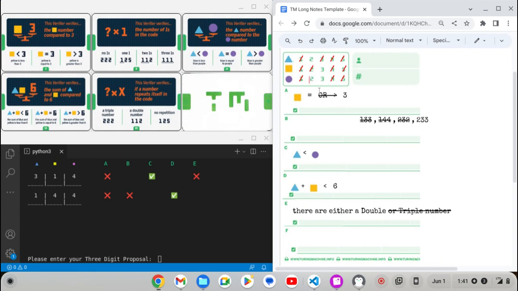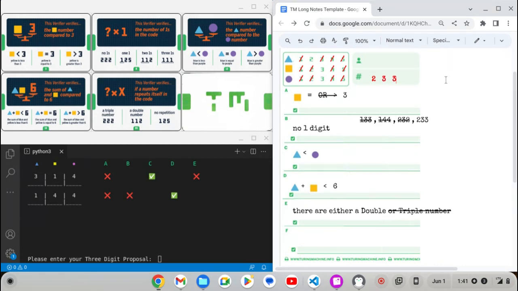So circle is not 2. Okay, so it looks like our solution is 233. Let me just write a quick note here: no 1 digit. And so, yep, our solution is 233.